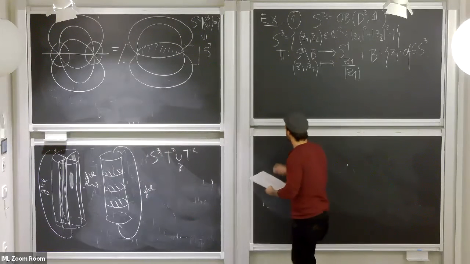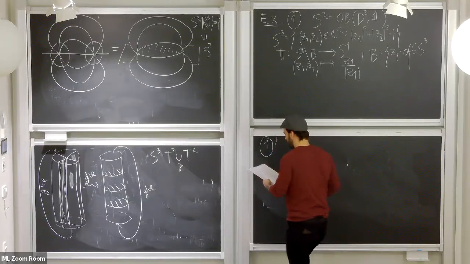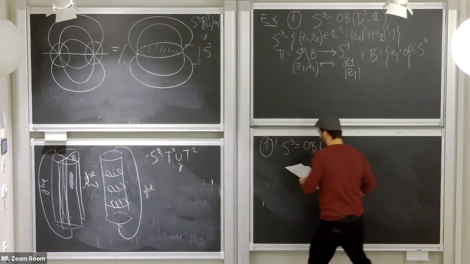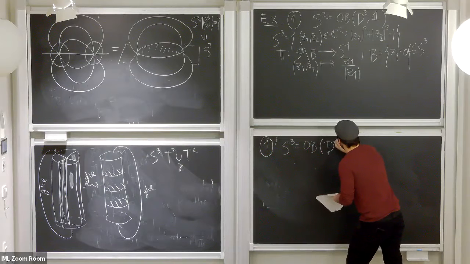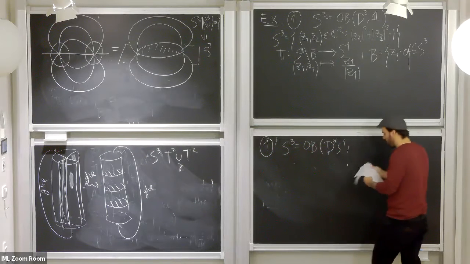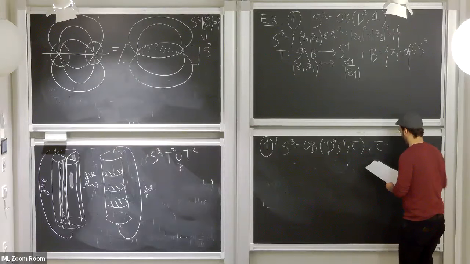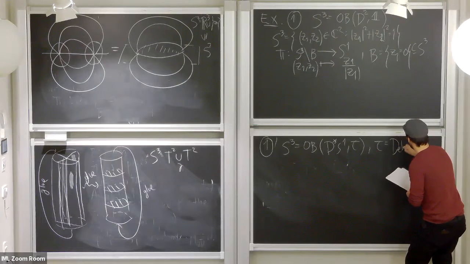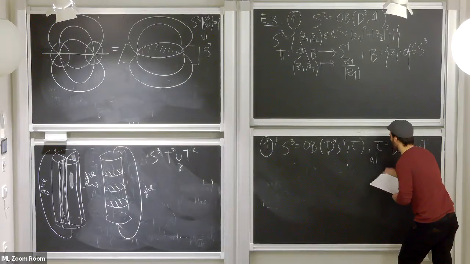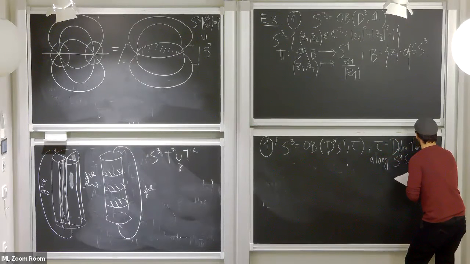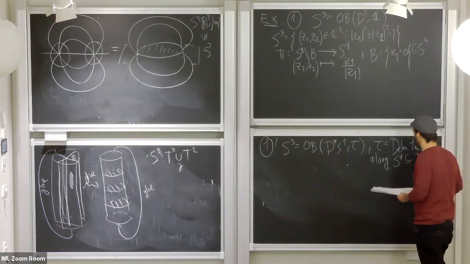Let's say example 1 prime: S3 is also the open book associated to the page T*S1, so the annulus, and the monodromy the Dehn twist tau. Here tau is the Dehn twist along the zero section. So the standard Dehn twist, right?